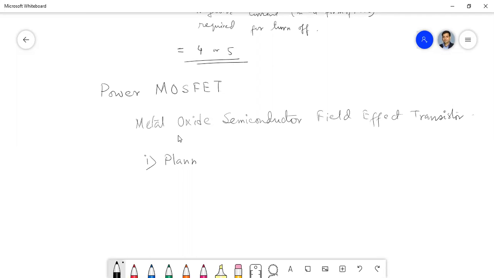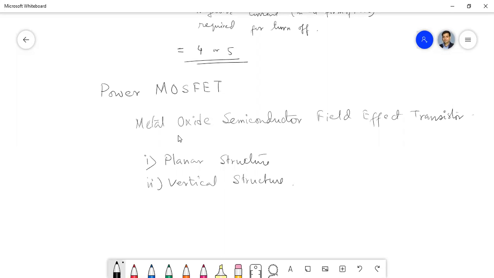Planar structure, vertical structure. Okay, now vertical structure is much popular because it offers a very small resistance compared to the other form.